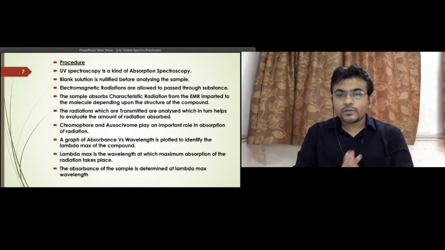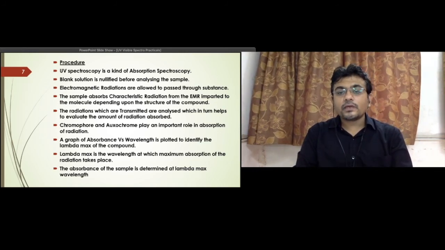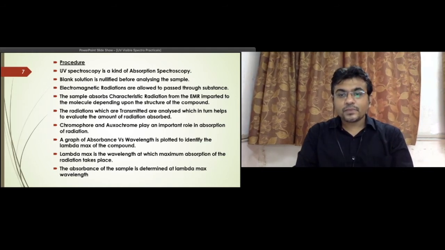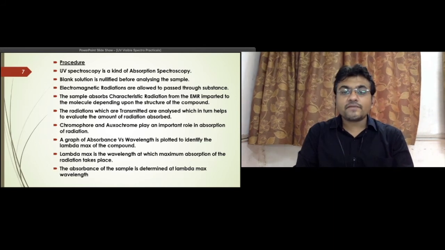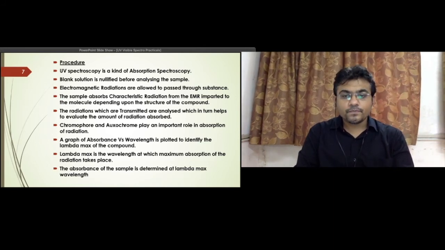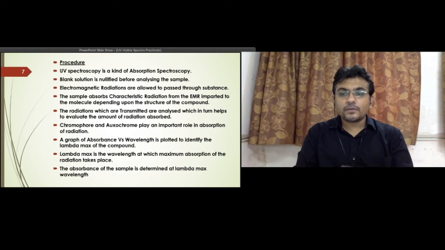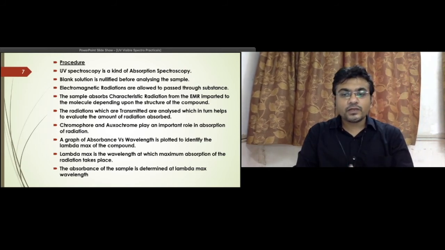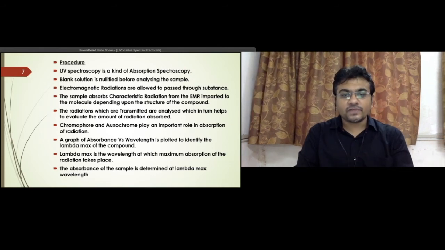After getting the absorbance of the sample, we will plot a graph of absorbance of standard solutions versus wavelength. Depending upon the graph, we will identify the lambda max of the compound. Lambda max is the wavelength at which maximum absorption of the radiation takes place. This wavelength is mainly used for the analysis of the compound.